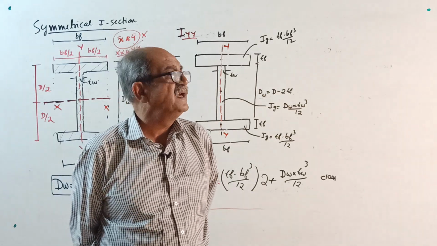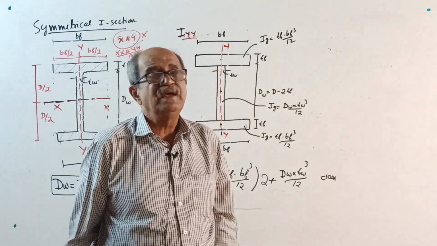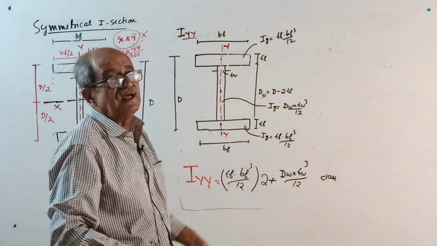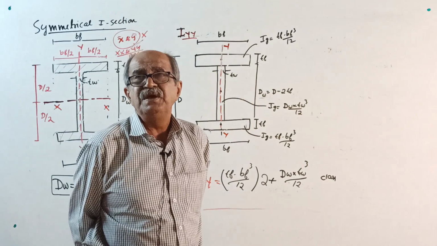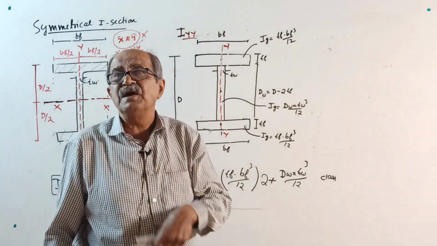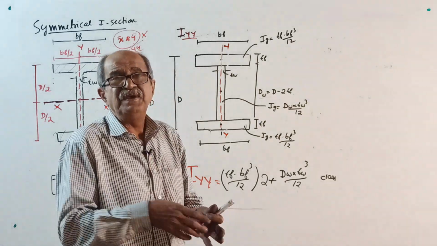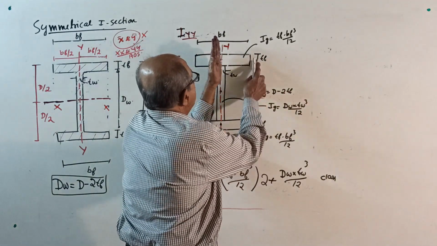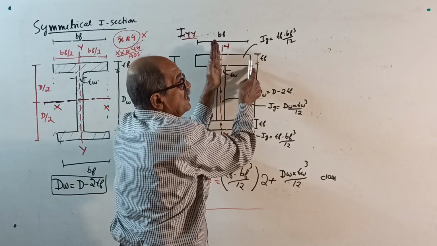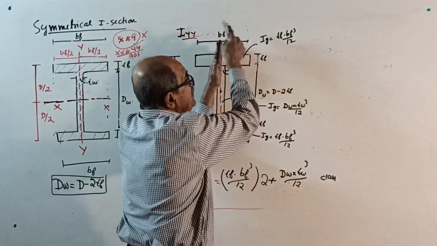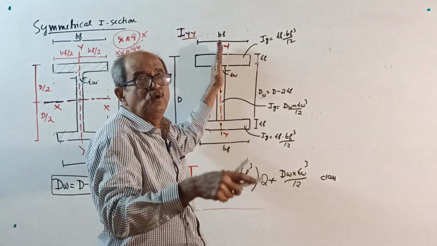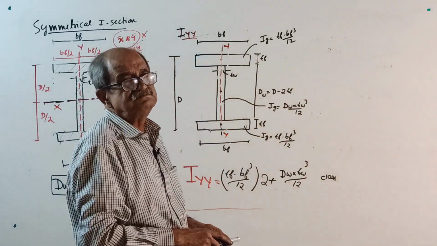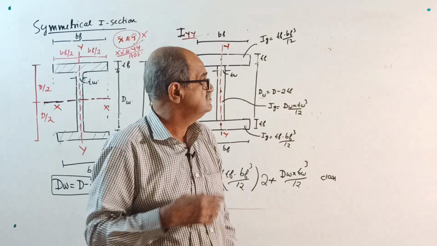Ig plus A square H, H becomes 0 because the centroid of all three components lies on YY. When H becomes 0, Ig itself is the moment of inertia. So you write width into depth cube by 12: upper flange, Tf into Bf cube by 12, multiplied by 2 for the lower flange, and dW into Tw cube by 12. That's all, you get the answer.